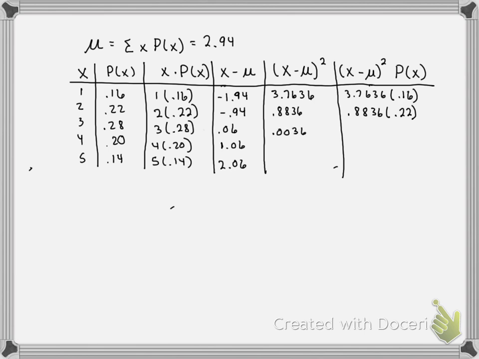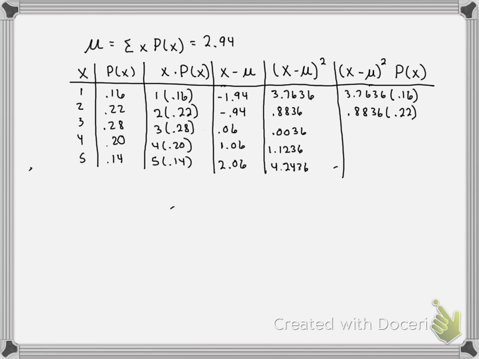0.0036, because all of this is just calculator work, okay? Now that I've explained to you how to find this column here, it's your X column minus your mean, okay? And then square it to get the next column, okay?